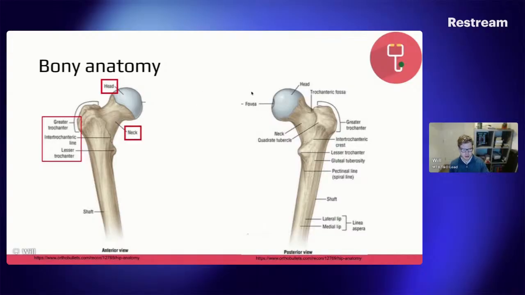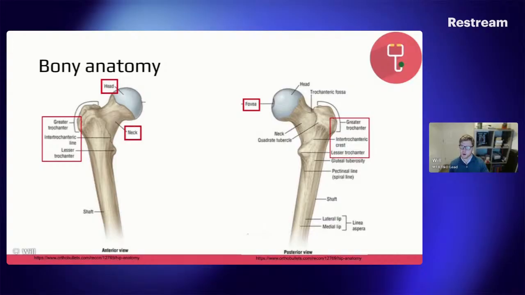Important structures on the posterior aspect, we have the fovea. This is the site that the ligamentum teres attaches from the femoral head into the acetabulum. You can obviously also see the head and the neck from this area. On the posterior side, you can see the greater trochanter, the larger part of the greater trochanter, as well as the quadrate tubercle, the lesser trochanter, inferior again, and connecting these instead of the intertrochanteric line is the intertrochanteric crest.